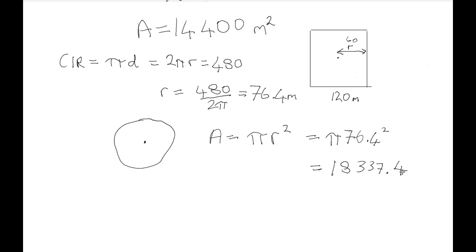I bet none of you did that in your head. Square meters. So obviously a fair size bigger than our 14,400 square meters. So we get a bigger area with a different shape.